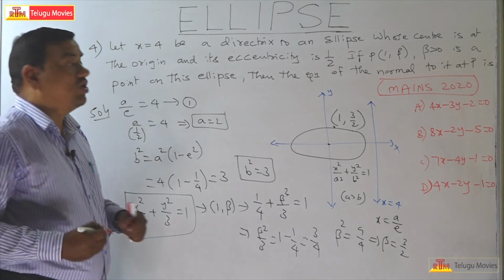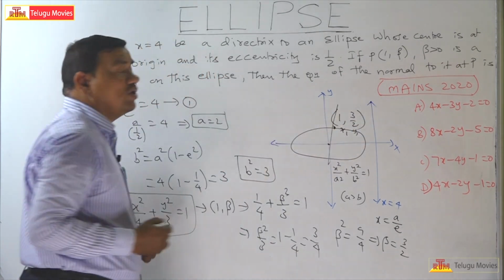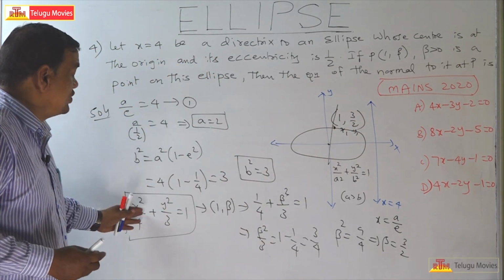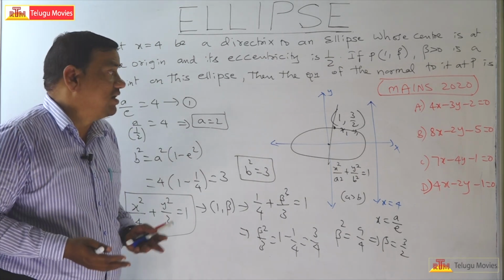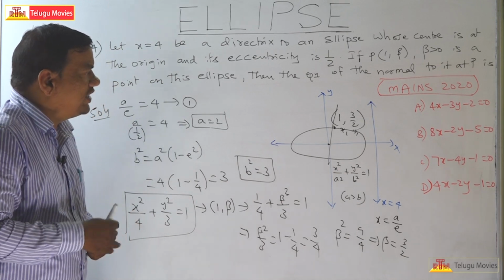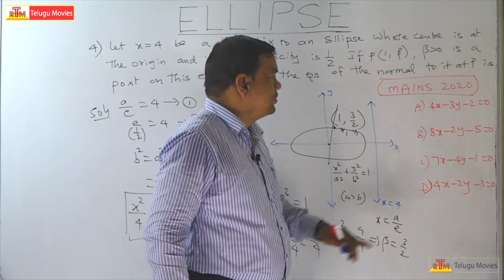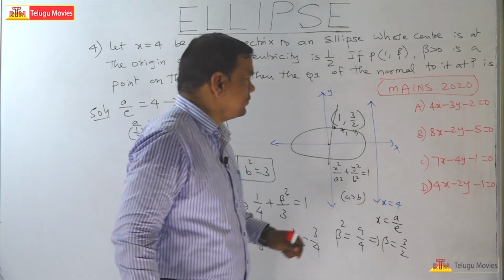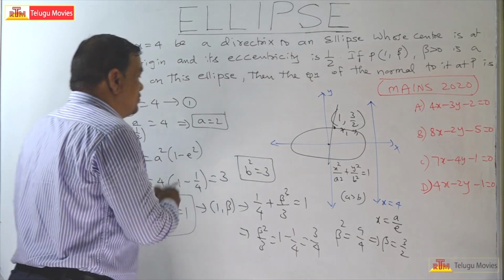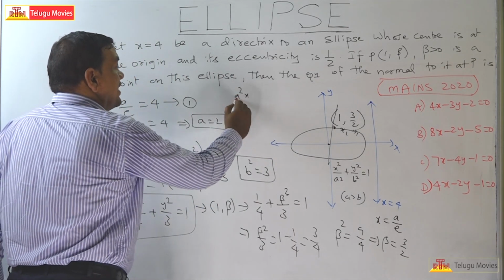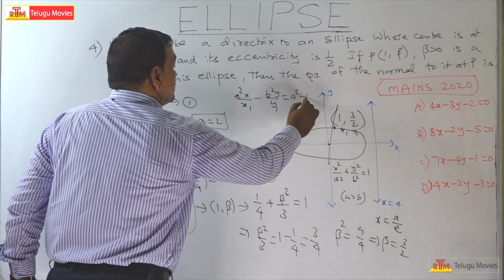Then the equation of the normal at this point. If a point is given and the equation of the ellipse is known, then we can easily find the equation of the normal. But we can also do option verification. We can find the normal equation, that is a square x by x1 minus b square y by y1 is equal to a square minus b square.